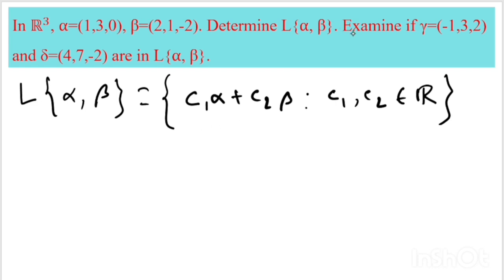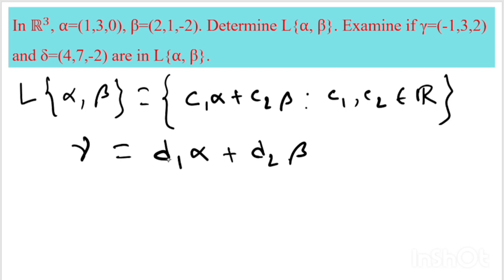Now the second question says to examine if gamma and delta are in L of alpha beta or not. Gamma will be in this set if gamma is a linear combination of alpha and beta. So we need to find out whether gamma is a linear combination of alpha and beta or not. We'll check whether we can write gamma equal to some d1 into alpha plus some d2 into beta.